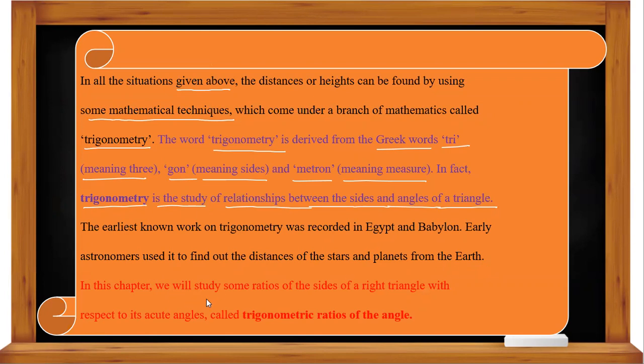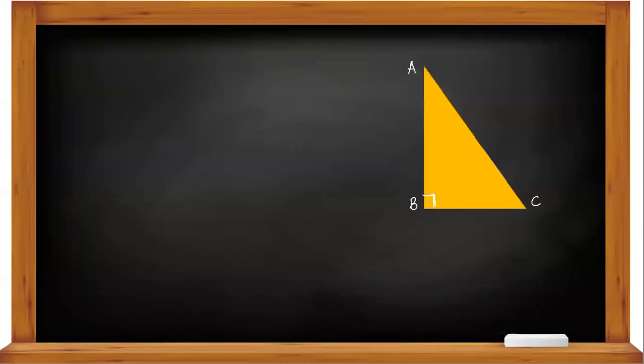In this chapter, we will study some ratios of the sides of a right triangle with respect to its acute angles called trigonometric ratios of the angles. And with the help of these trigonometric ratios, we will be able to find the height of Qutub Minar and the width of the river without actually measuring it. So let us see how we can do that.